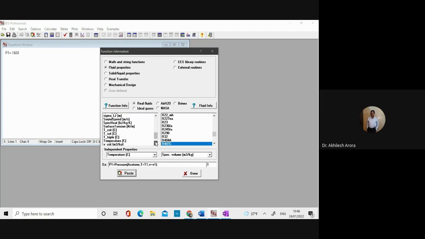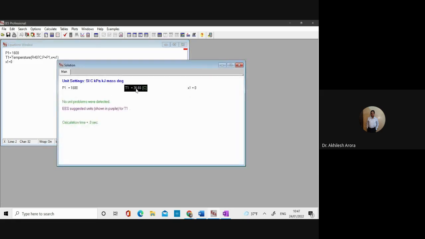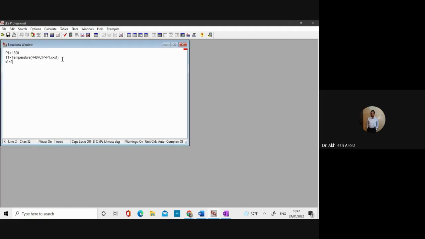So I would like to calculate the temperature, and I will give quality now. First of all, let us paste it. It should be here. Let us say the value of x1 is equal to 0. So calculate. What do you find? It is 36.66. Now I will take this equation once again.